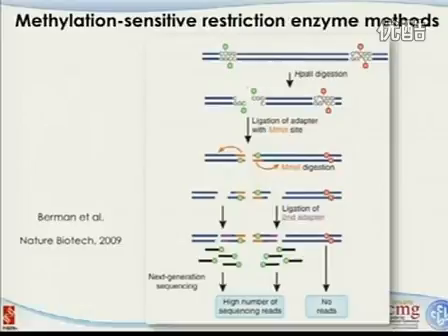This is called the methylation-sensitive restriction enzyme method. There are some enzymes that target unmethylated sites, and there are also some enzymes that target methylated sites. So you can choose the enzyme that you're interested in using and do this type of analysis.